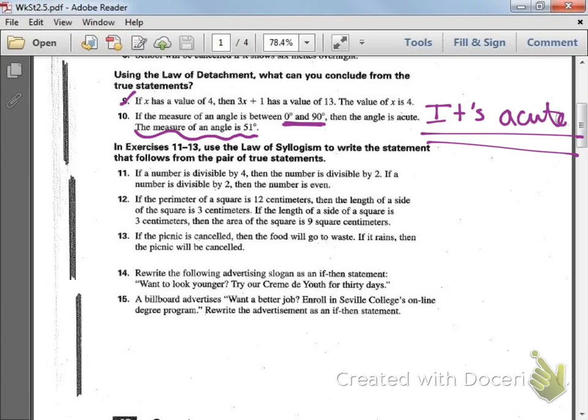Questions? Skip 11. Now, we're using the law of syllogism here, so we're cutting out the middleman for 12 and 14. If the perimeter of a square is 12 centimeters, then the length of the side of the square is 3 centimeters. If the length of a side of the square is 3 centimeters, then the area of the square is 9 square centimeters. So who can we cut out?